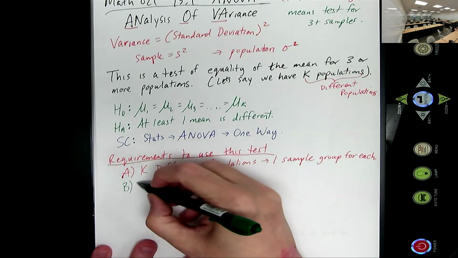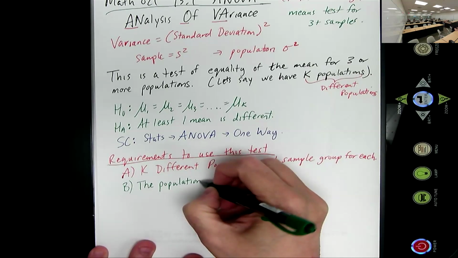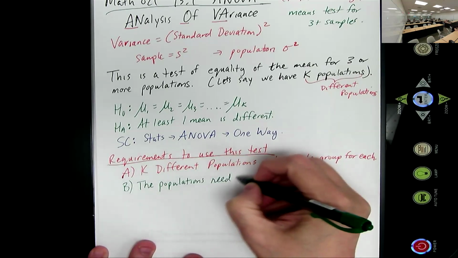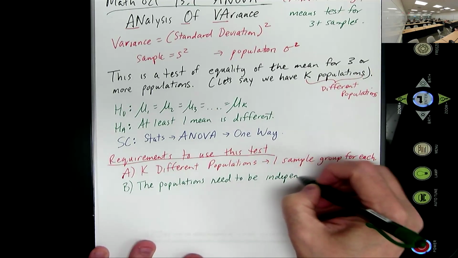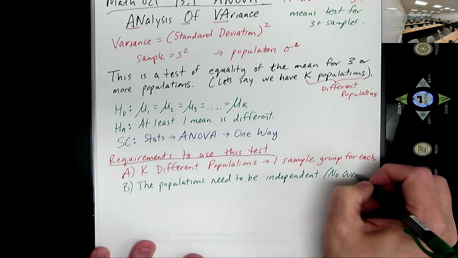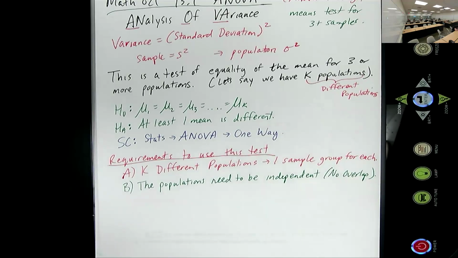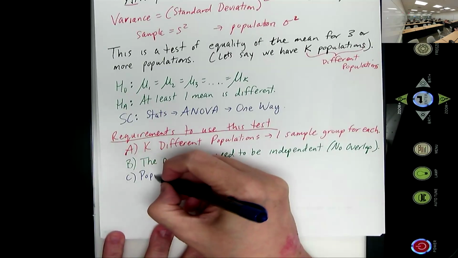The populations need to be independent, or no overlap. Nothing that can be counted in two different groups. And we want the populations to be normally distributed.